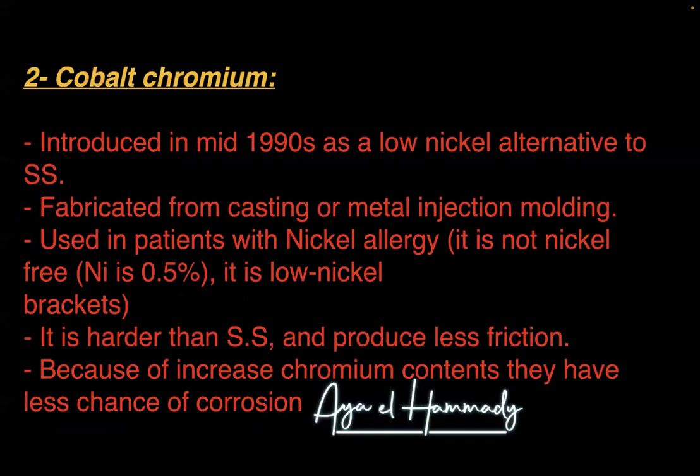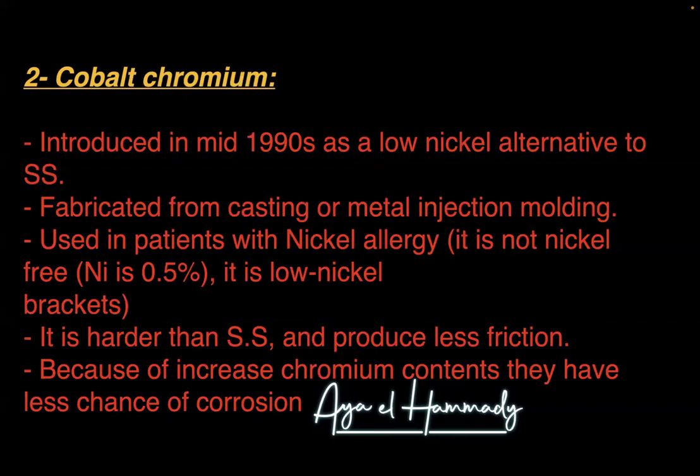Next will be the cobalt chromium, okay? And here we are going to use the cobalt chromium if the patient has a nickel allergy. This is an alternative for the nickel, which is found in the stainless steel, okay? Still, it can be done by casting, where you collect the pieces to form one piece, or by metal injection, getting it as one piece, okay?